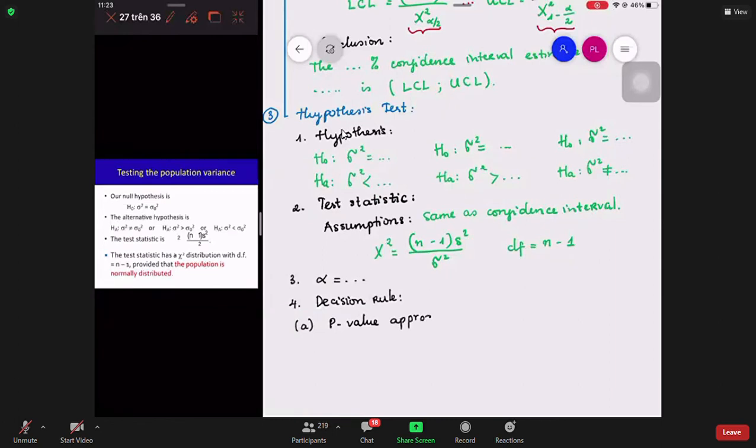Normally, when we run the code in R, it will return you with a p-value. So for the p-value approach here, we will reject HO if p-value smaller than alpha.